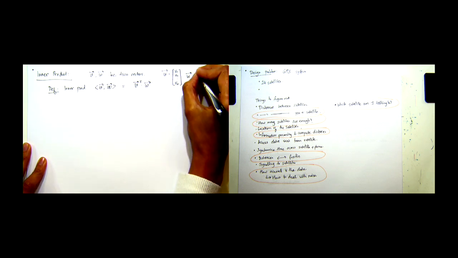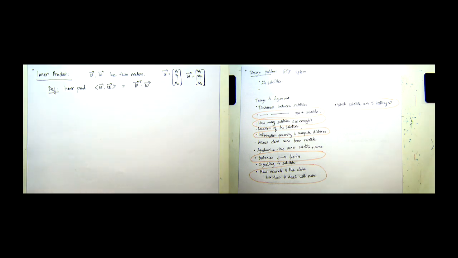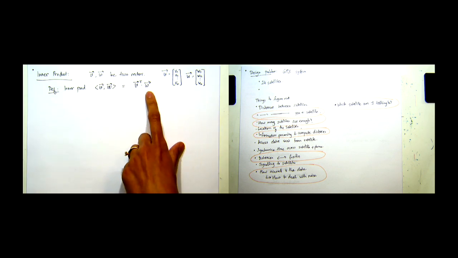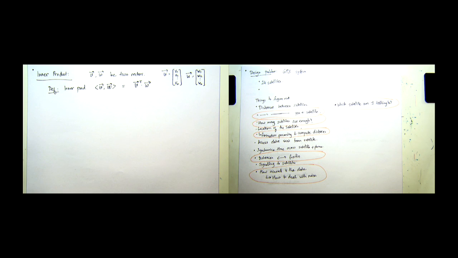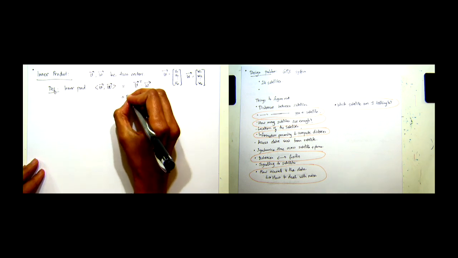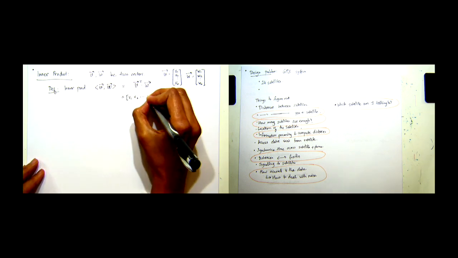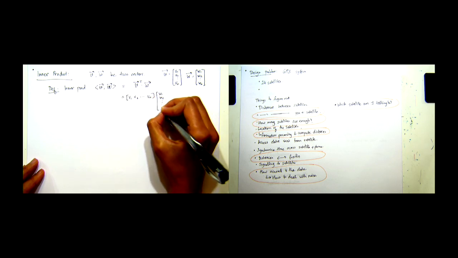W is a vector that is W1, W2, all the way up to Wn. What is V transpose? It's a row vector, right? These are column vectors. It's a row vector with exactly the same elements. So this I can just write out as V1, V2, all the way up to Vn times W1, W2, all the way up to Wn.